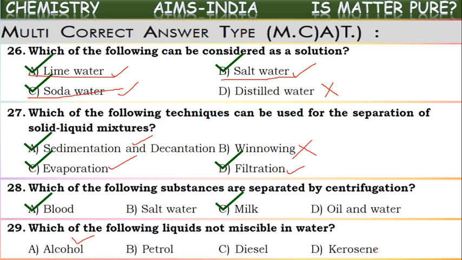Petrol, diesel, kerosene, and some other vegetable oils will not dissolve into water. So here petrol, diesel, kerosene will come under immiscible liquids in water. Means these will not dissolve into water. Alcohol will dissolve. Okay, these three will not dissolve.